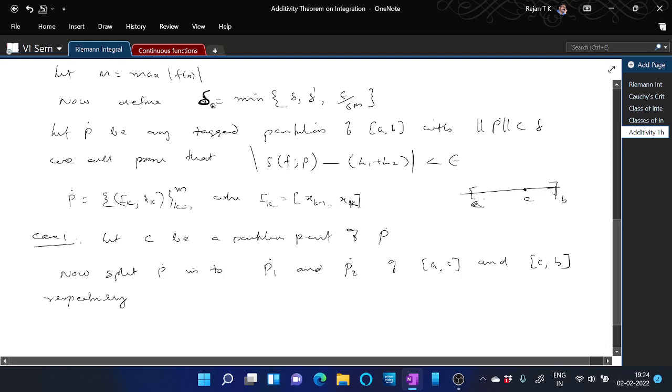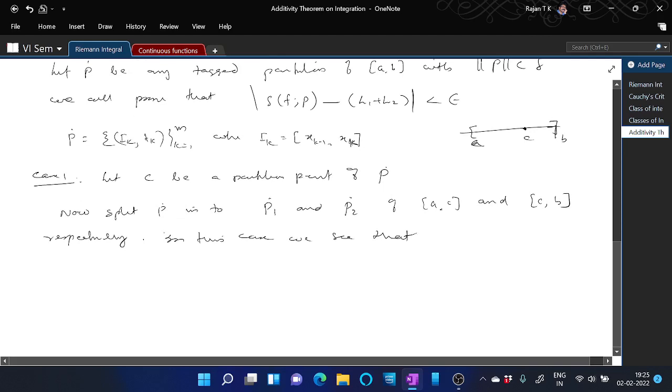That is, we are splitting the partition P as P1 and P2, where P1 is a partition of [a,c] and P2 is a partition of [c,b], and P1 union P2 will be P. In this case we see that the Riemann sum corresponding to P of f will be the same as S of P1 plus S of P2.